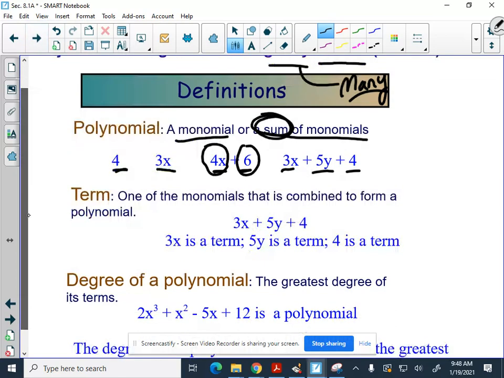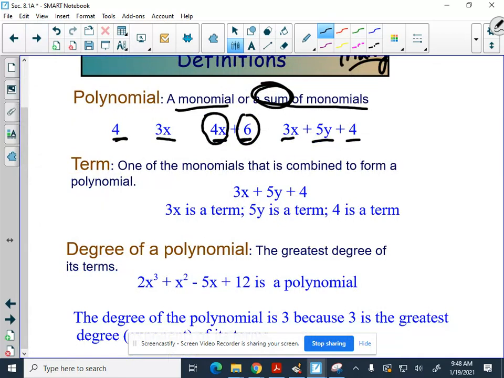Now we want to determine the degree of a polynomial. It's the greatest of its monomials. So down here, if I look, this one has 1, 2, 3, 4 terms. Are any of them like terms?